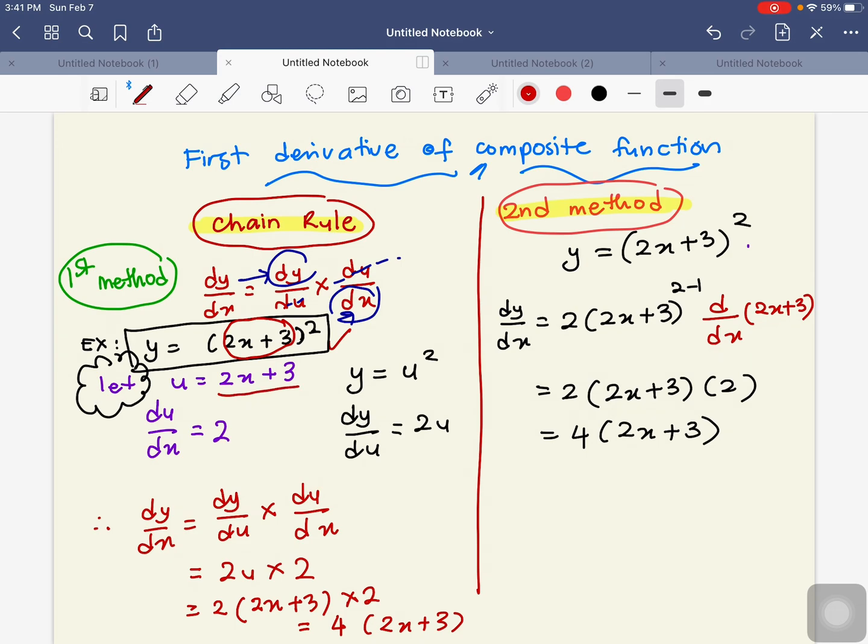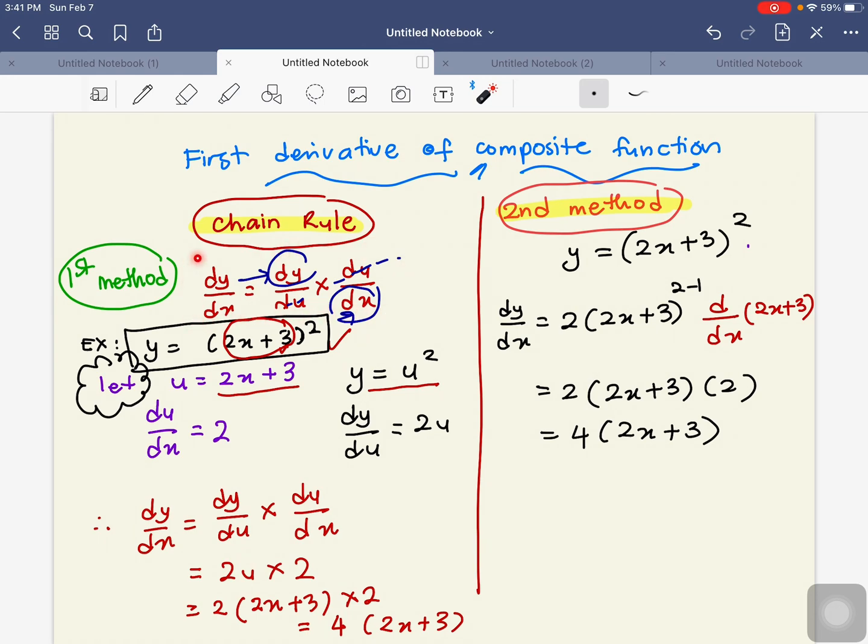So U sama dengan 2x tambah 3. So, Y kita sebenarnya apa? U kuasa 2 kan? So, bila kita replace balik dalam Y, dia jadi Y sama dengan U kuasa 2.